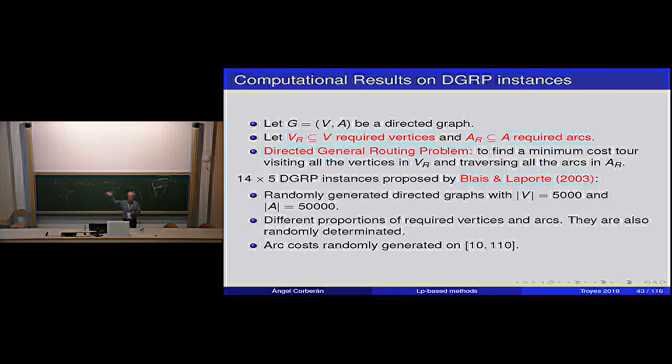In this case, the idea was that you know that the asymmetric TSP problem is not a difficult problem. I mean, okay, it's an NP-hard problem, but it's easier to solve than the symmetric version, in the sense that the linear relaxation that is related to the assignment problem is much better than the linear relaxation for the symmetric case.